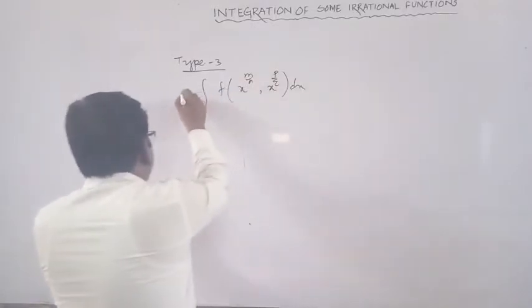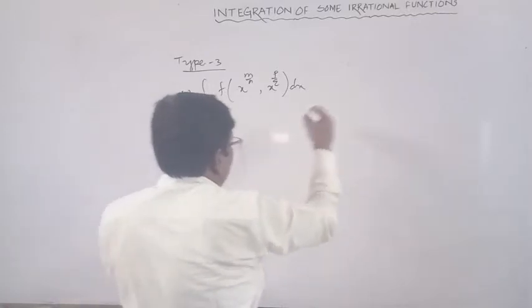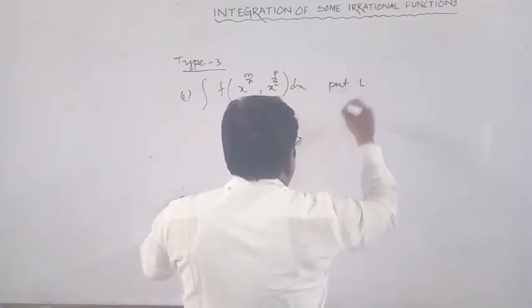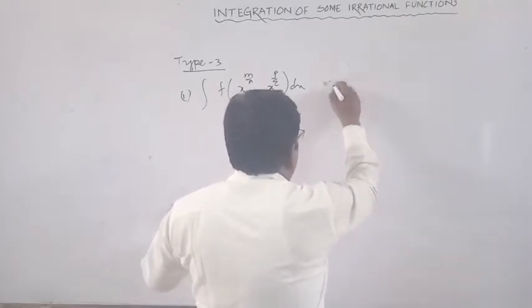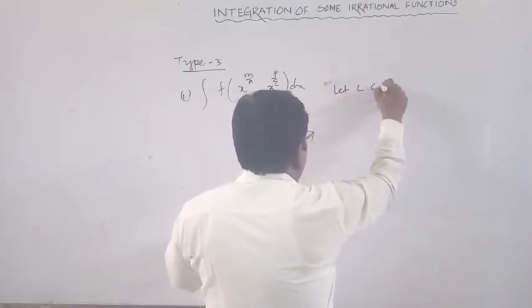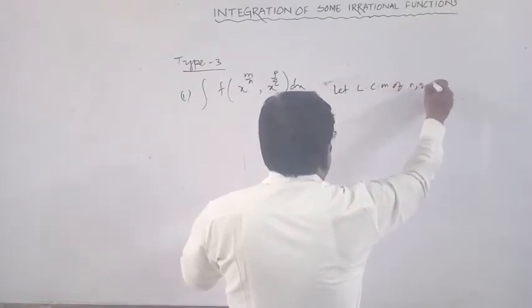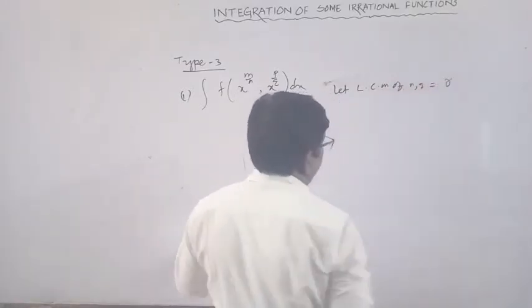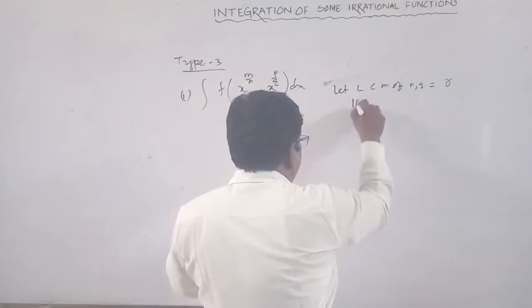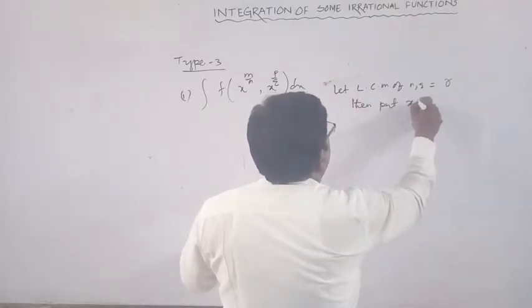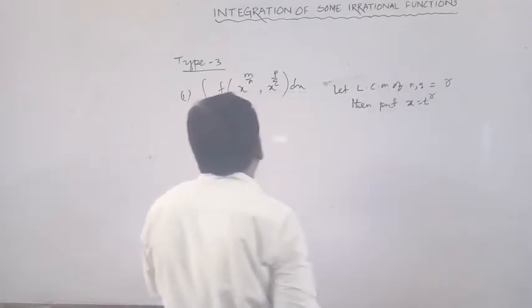This is case 1. Let the LCM of n and q be r, then put x = t^r.